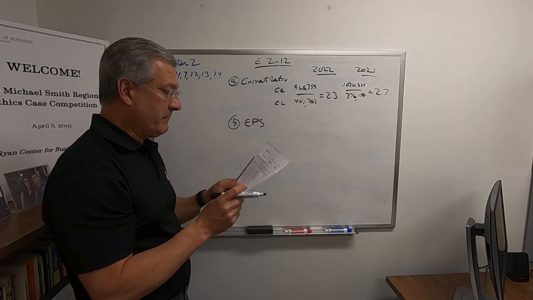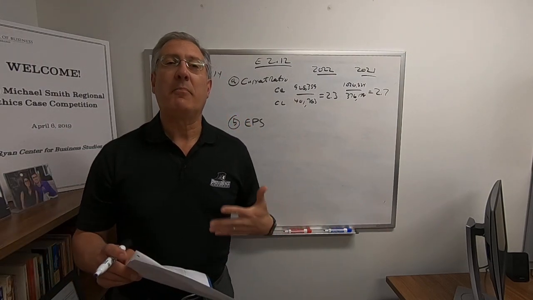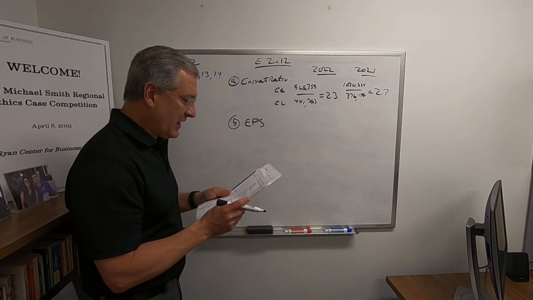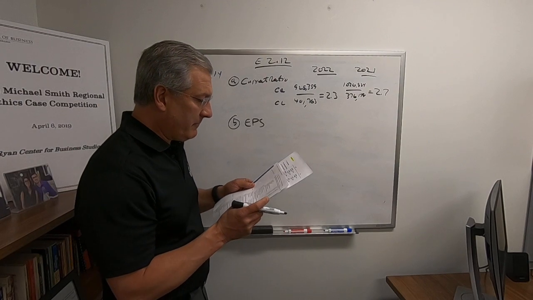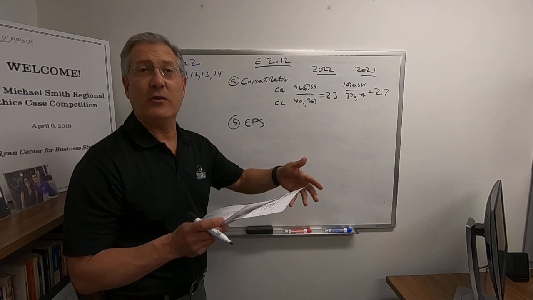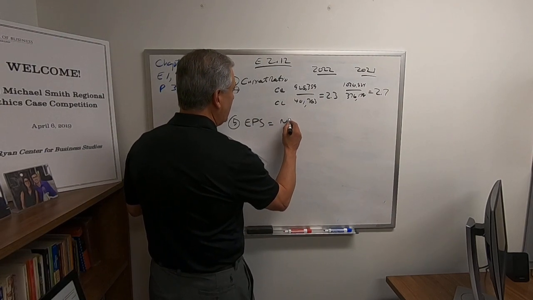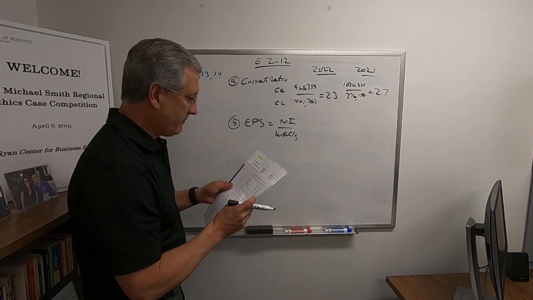Item B, earnings per share. And you remember the formula for earnings per share: net income minus preferred stock dividends divided by weighted average common stock. So we look at the list here, there are no preferred dividends paid. So it's simply going to be, in this case, net income divided by weighted average common stock.